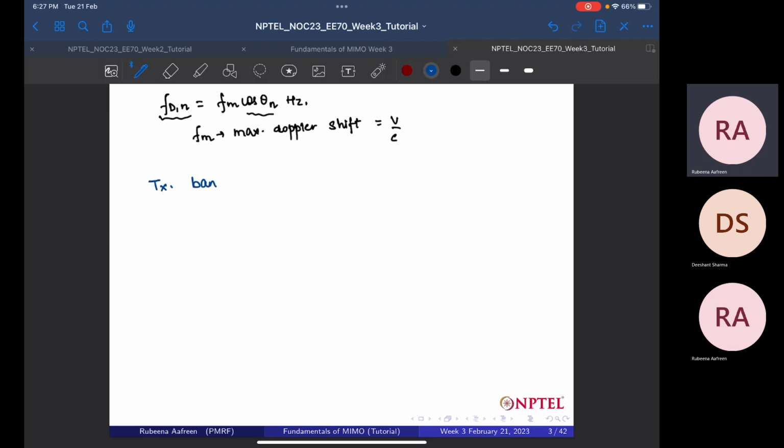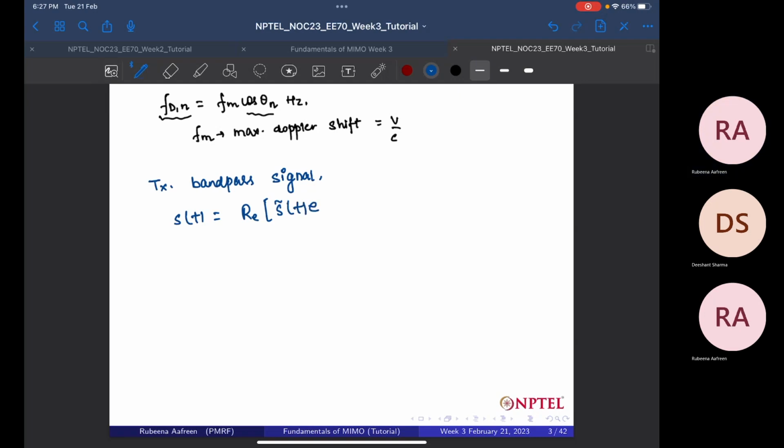This thing we have discussed in the previous class. The transmitted band pass signal we will consider as s equals the real part of s tilde t e to the power j 2 pi f c t.